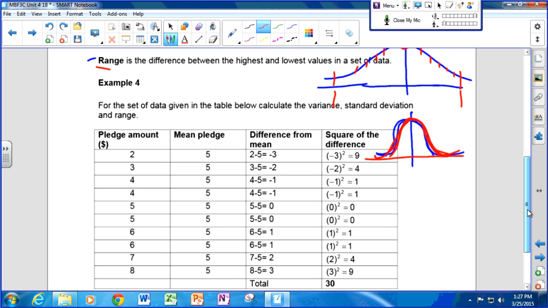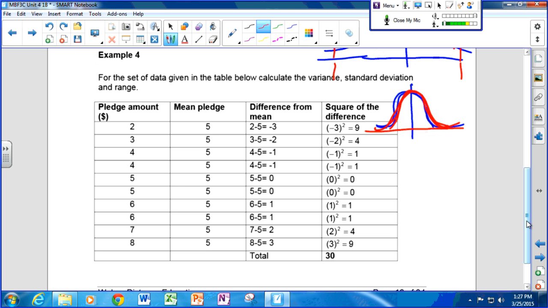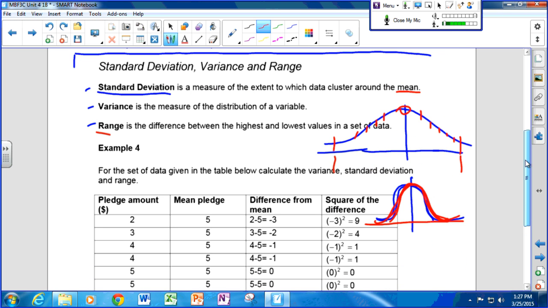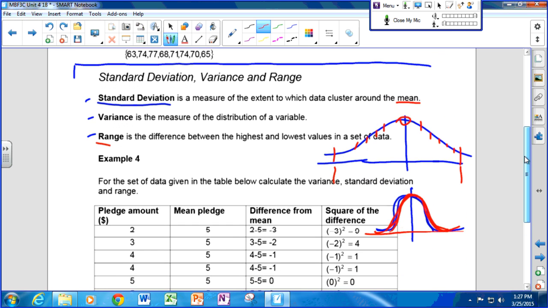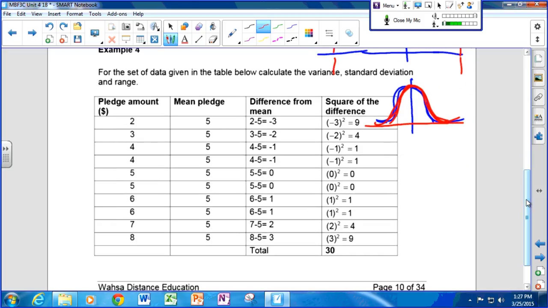All right. So we're going to calculate. The first thing we're going to calculate is the variance. Okay.